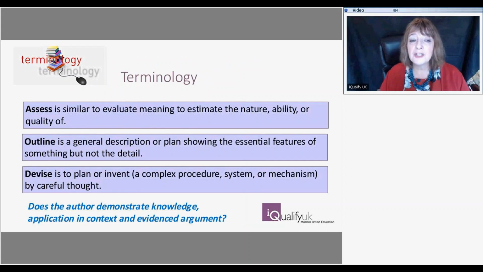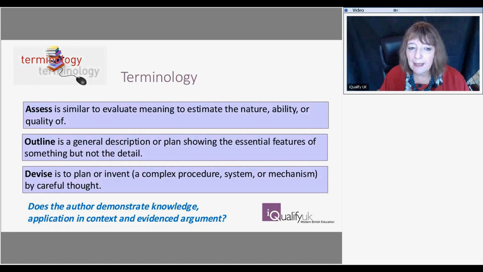So the terminology for those is: assess is similar to evaluate, meaning to estimate the nature, ability or quality of. And you are making a judgment, in fact more of a judgment than perhaps evaluate sometimes. Outline is a general description or plan showing the essential features of something, but not the details. So if it only says outline, that's what you do. You give a general feel.